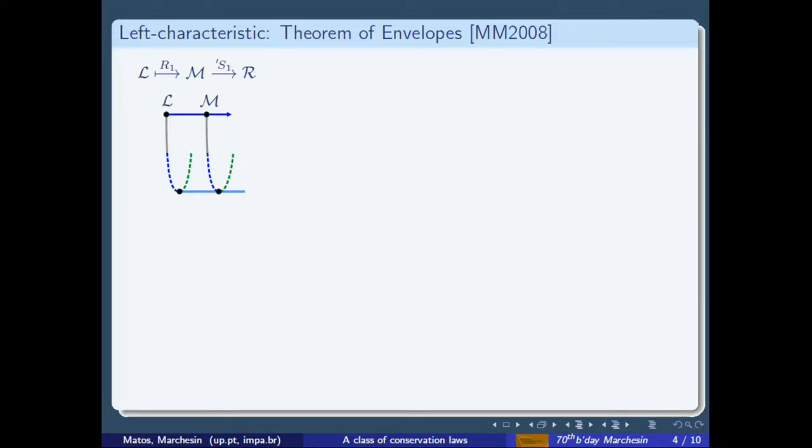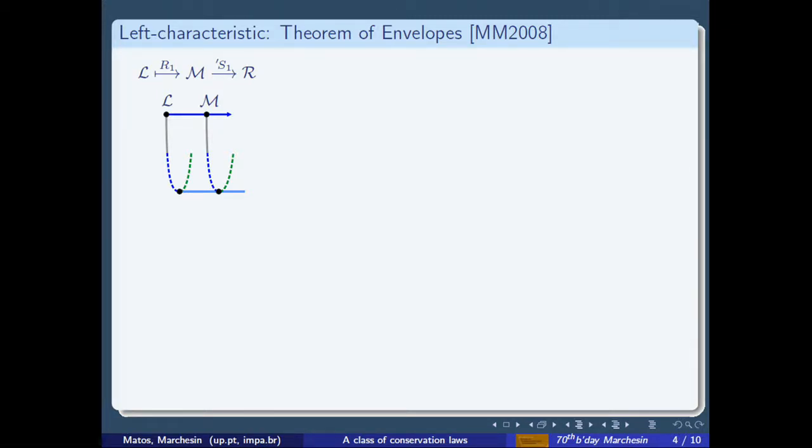Let's pay attention now to the left characteristic shocks. Of the left characteristic shocks you have three kinds, and two of them are quite usual. This is the left characteristic 1-shock, so we have something like this, a 1-shock and a transitional shock.